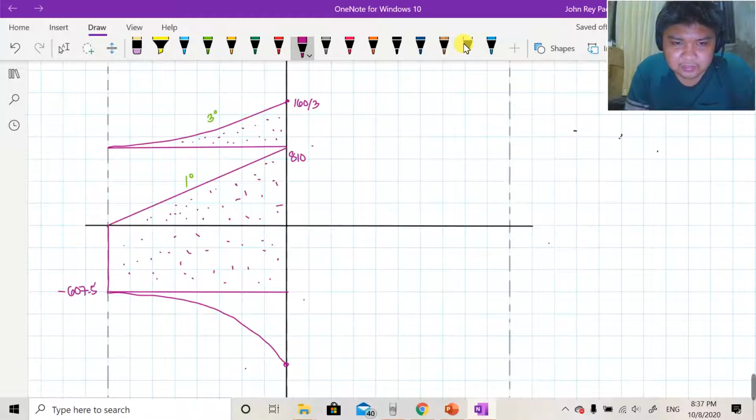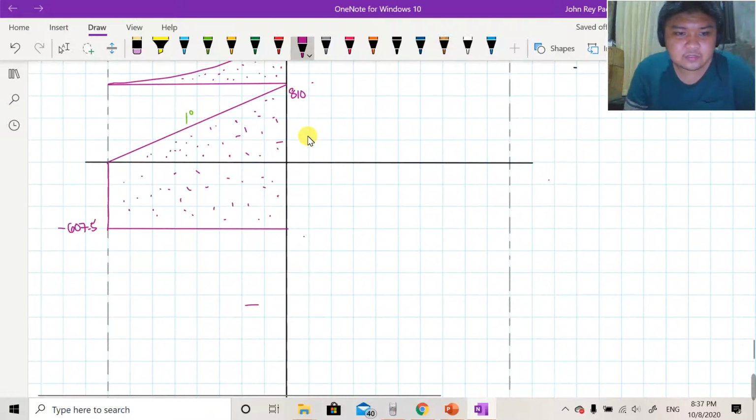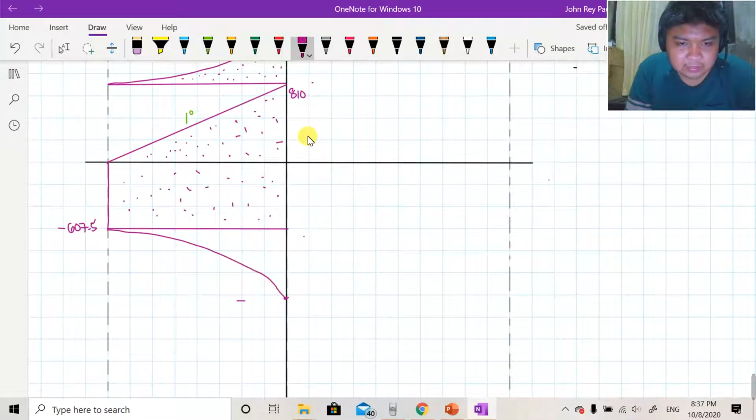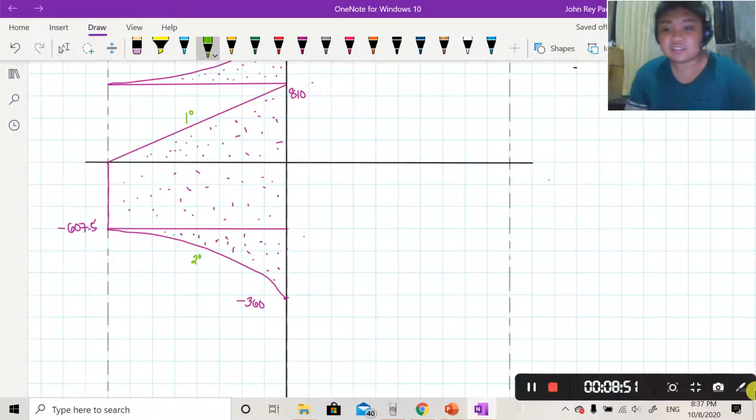Okay, so this is negative 360. Oops, bakit ganon? Sige, pasensya na doon. Drawing lang ulit natin. Negative 360. And lastly, lagay din natin, class, yung degree ng curve. The degree of curve is second degree, kasi nga galing siya sa uniform load.